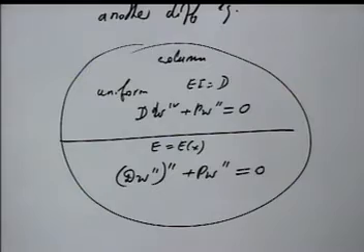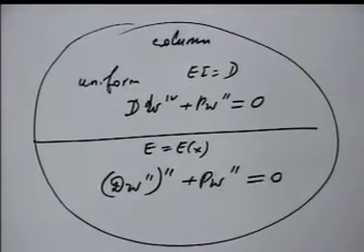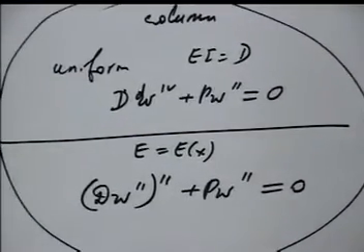So these are different equations. Just from here we can easily obtain, if D is taken out, if it is constant, then we get this.